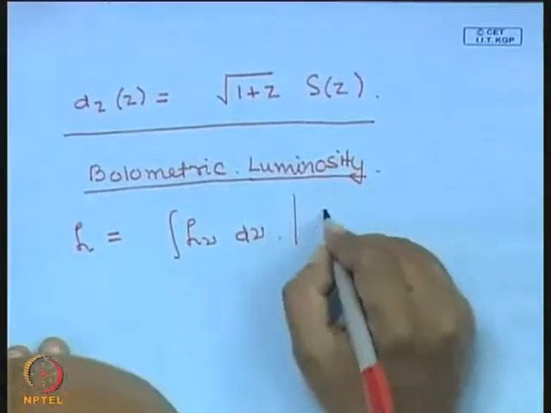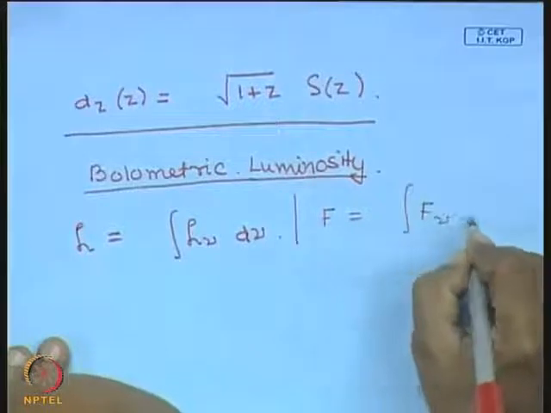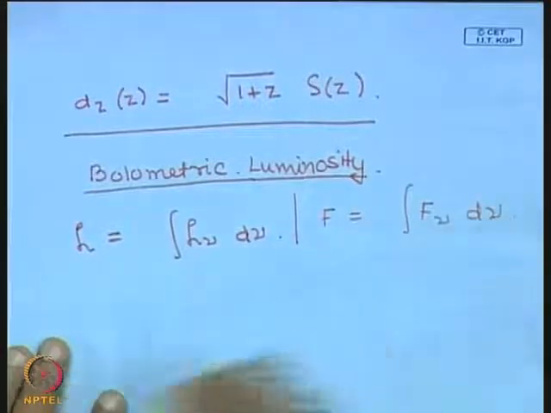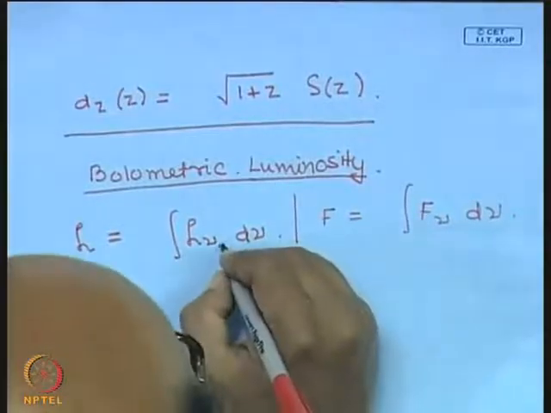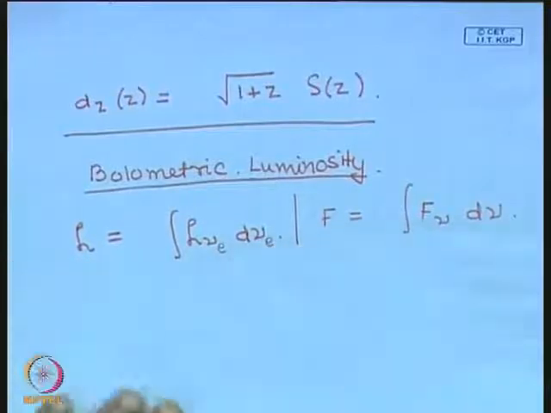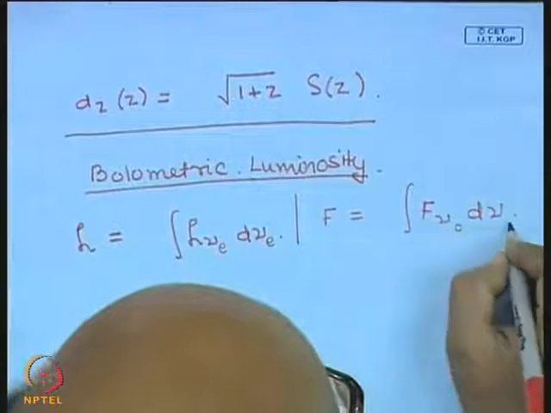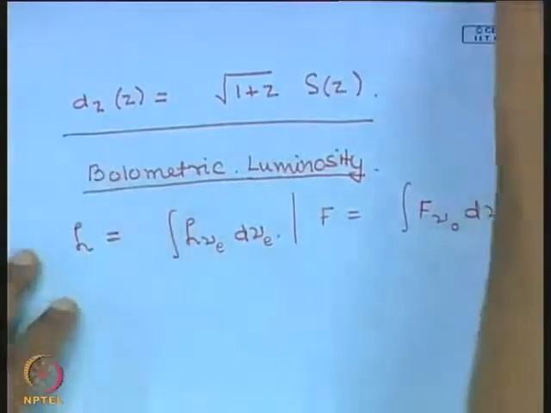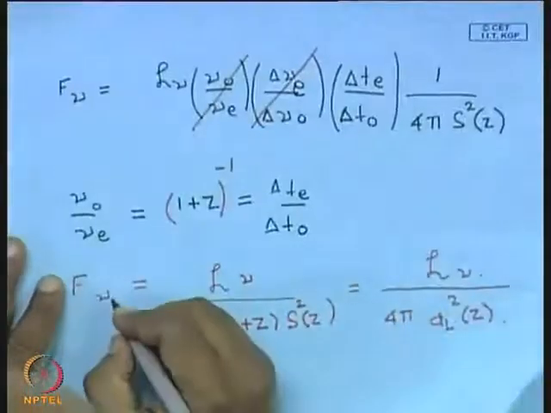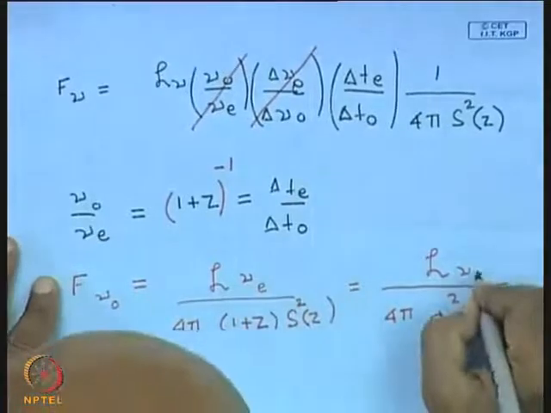Similarly, the bolometric flux is going to be F nu integrated over d nu. Now the point to remember is that here the integral will be over the emitted frequency, and here the integral will be over the observed frequency. After all, this is what you observe. This is the observed frequency, this is the emitted frequency. They are not the same.